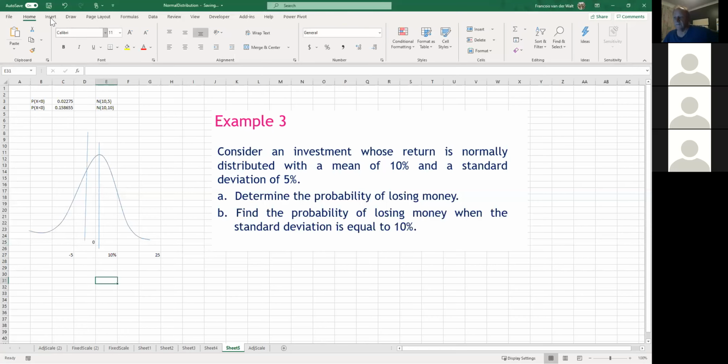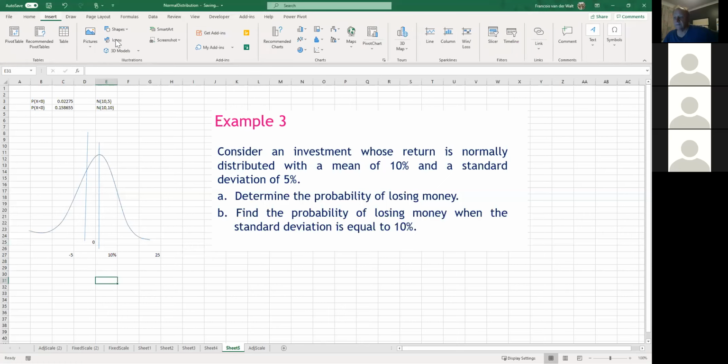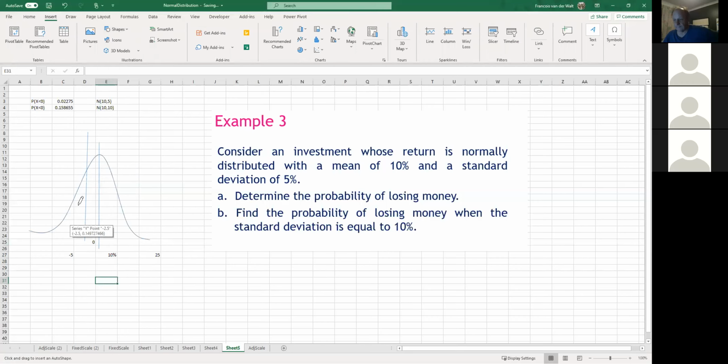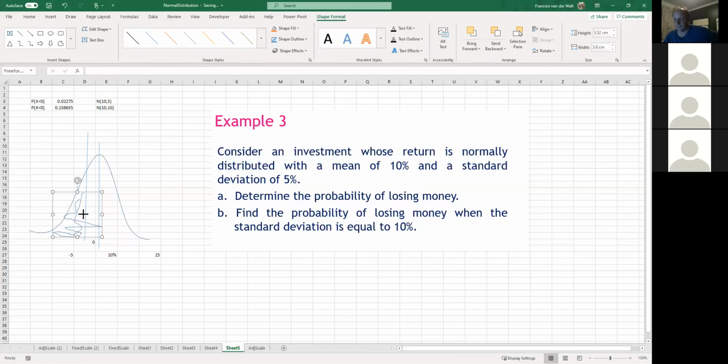So insert shape, squiggles. I'm interested in this area here, except for that little bit that's outside there, that little squiggle.